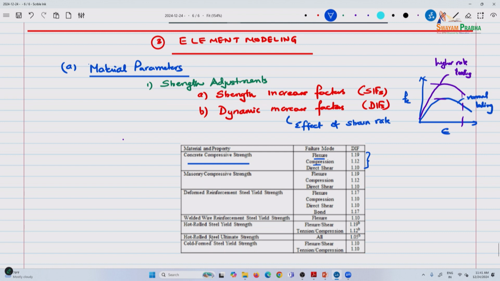Then masonry, and hot rolled steel, which is also fairly high. Flexure is 1.19, here it is 1.19. Shear, of course, is lower, here 1.1.